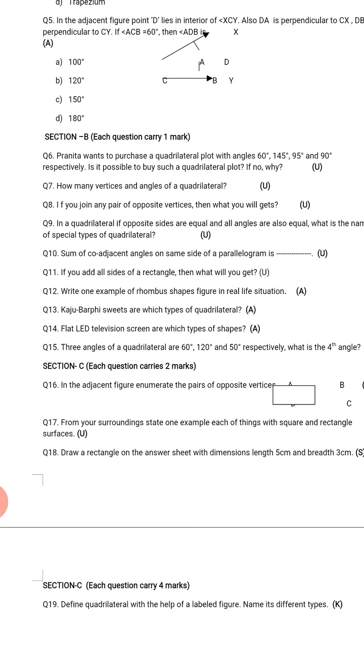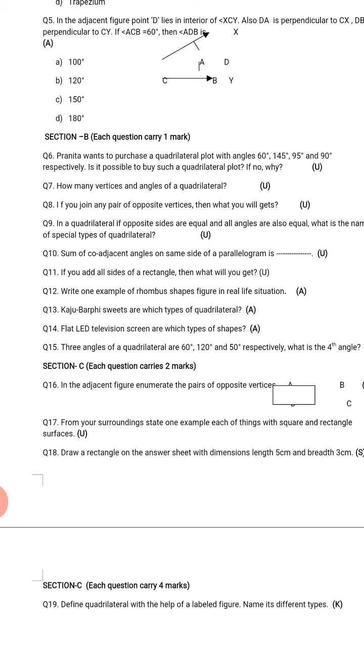Now section C, all the short answer questions I have put here. In this figure ABCD, you have one corner A, second corner B, third corner C, and fourth corner D. You have to consider it.